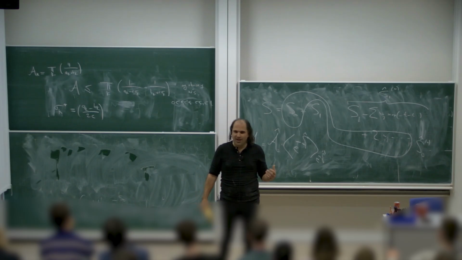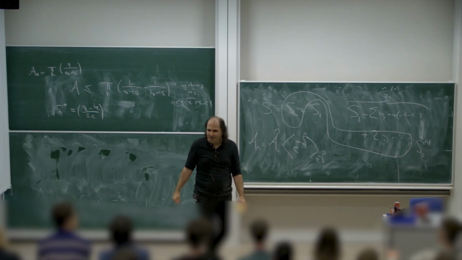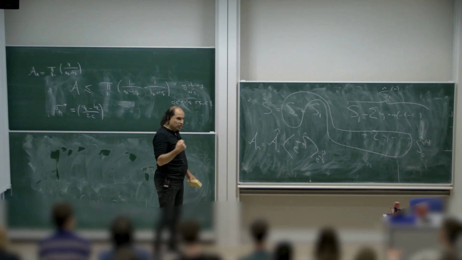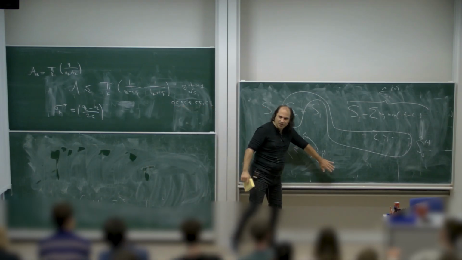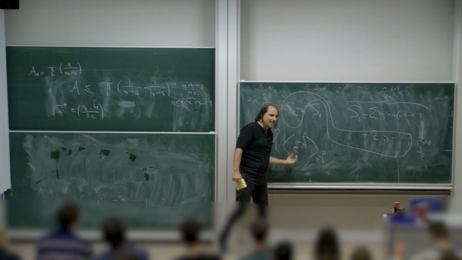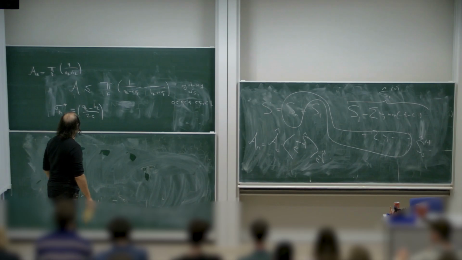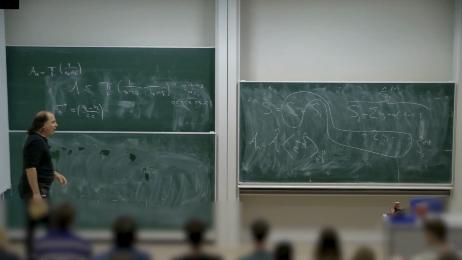That needs some more argument about drifts and random walks. But you can see why there's a correlation between optimizing this upper bound and getting this to be order 1. So it's not an accident that the two things happen at the same time. Okay, so that's all I will say about this.